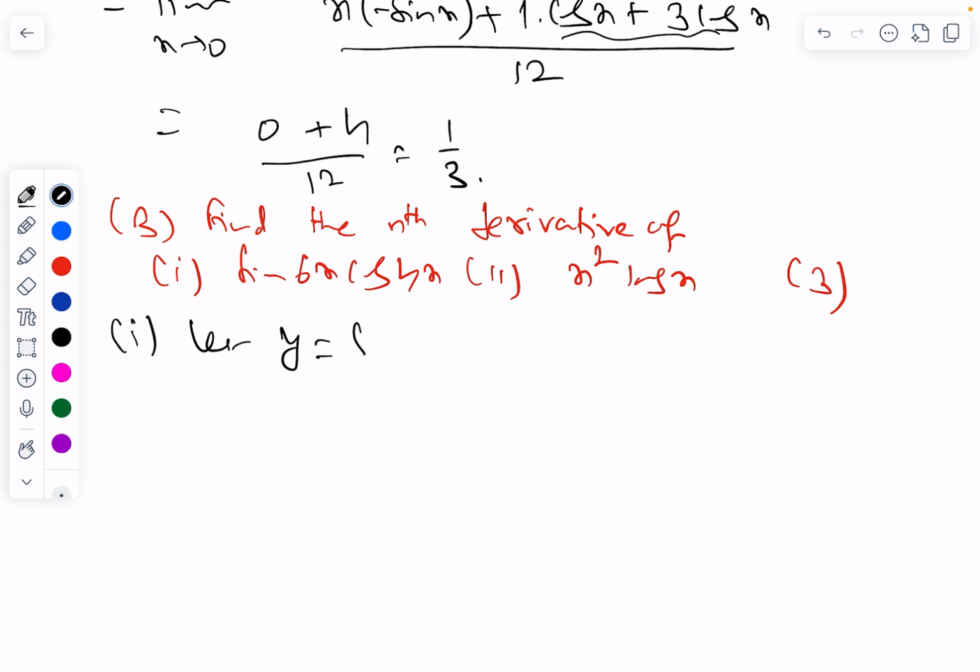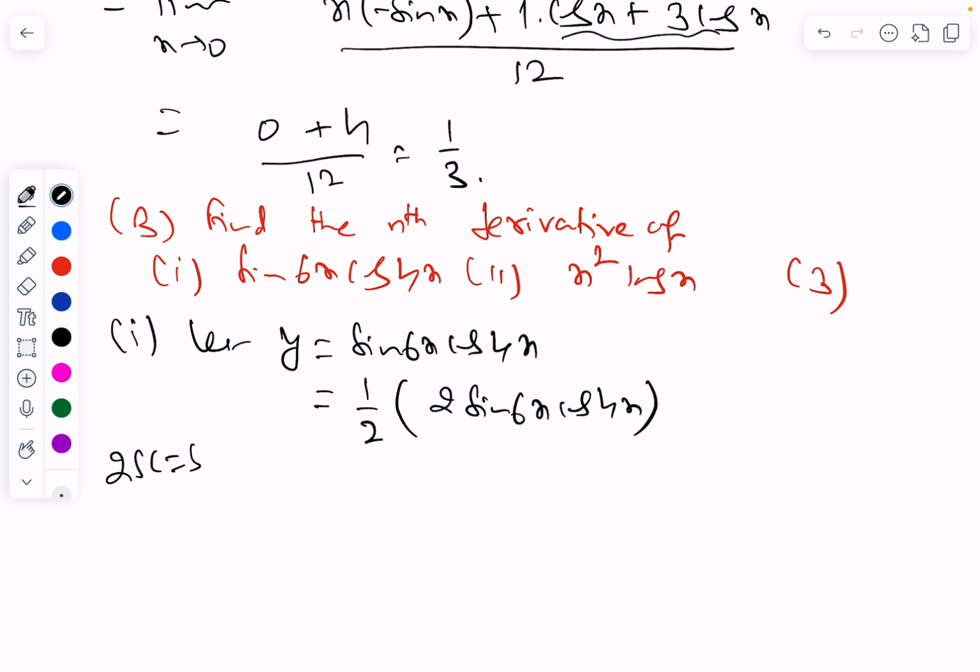Let y equal to sine 6x cosine 4x. Now this we can write like this, 1 by 2 times 2 sine 6x cosine 4x. And we know 2 sin C cos D is sin (C+D) plus sin (C-D).